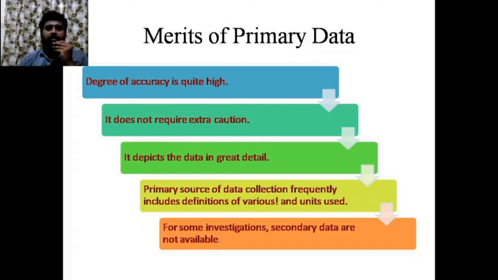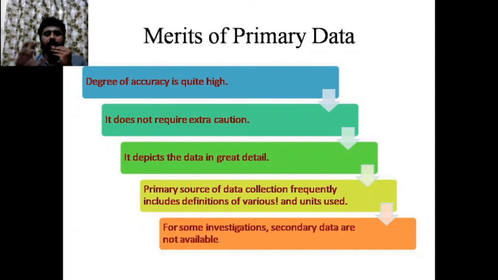So, what are the merits of the primary data? When we collect the primary data, the first important merit is that the degree of accuracy will be quite high. Second, when we are analyzing the secondary data, we should take extra caution. But when it comes to the primary data, there is no need for any extra caution, and we can collect the data that we need.